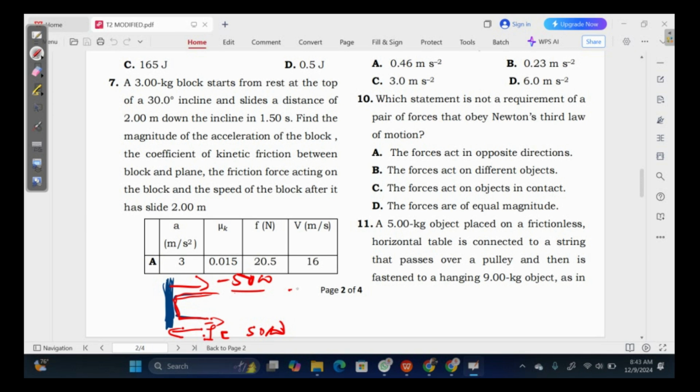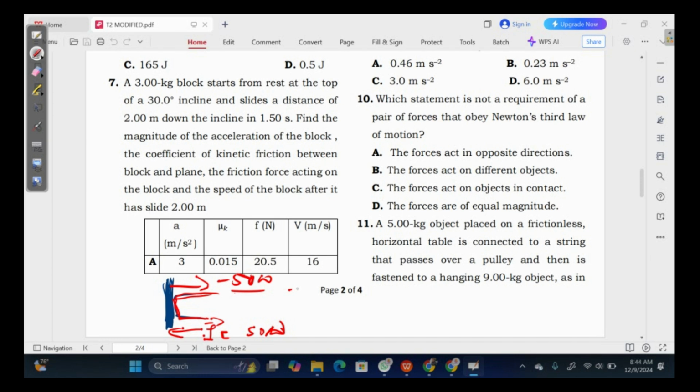So first one, the forces act in opposite direction. The question is, which statement is not required? A lot of them are required, but which one is not required? The forces act in opposite direction. Is that true? Yes, it's true. Then B, the forces act on different objects. Is that true? Yes, it's true. C, the forces act on objects in contact.